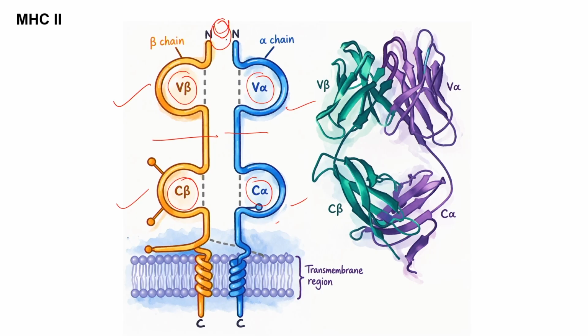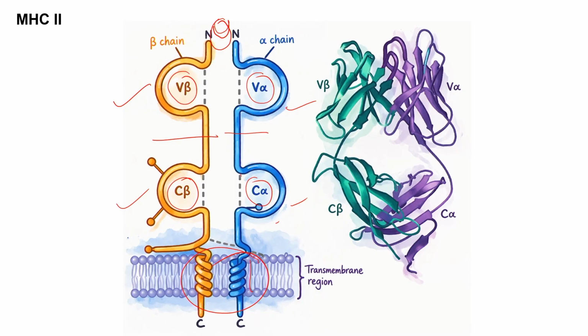So these are the areas where the peptide can be docked. The rest of the molecule looks very similar to MHC1. There is a transmembrane domain which can pass through the membrane because it is rich in hydrophobic amino acids, and these are joined by disulfide linkages in order to make a secondary structure and a complex structure of the protein.